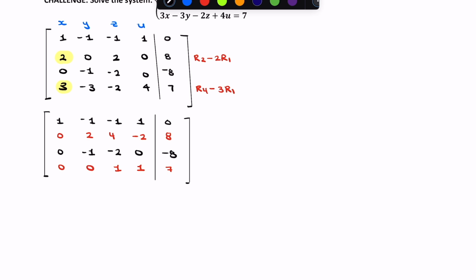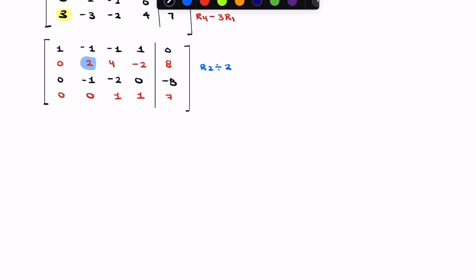So here, next thing we want to do is make this value of 2 to 1. And so here we'll take row 2 and divide that by 2. So here we will have, again, our first row stays the same.